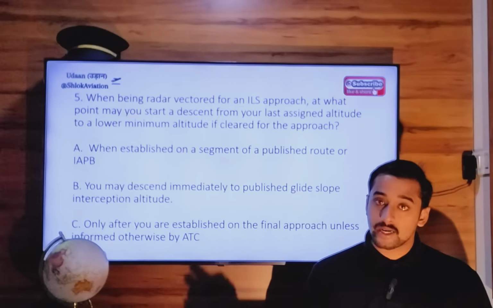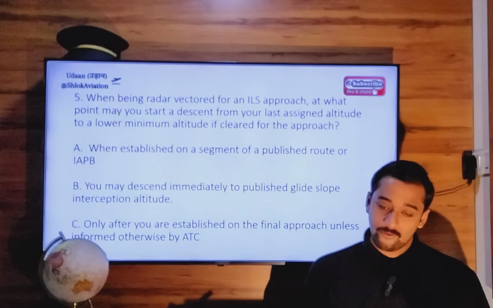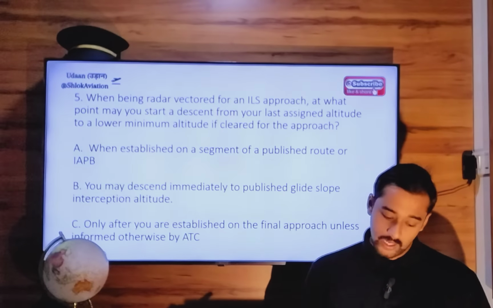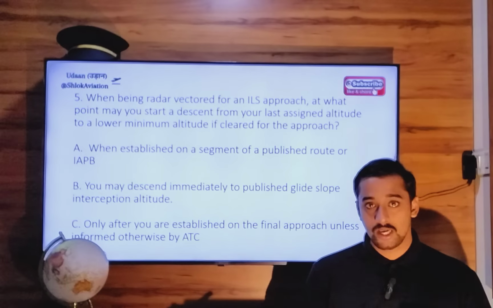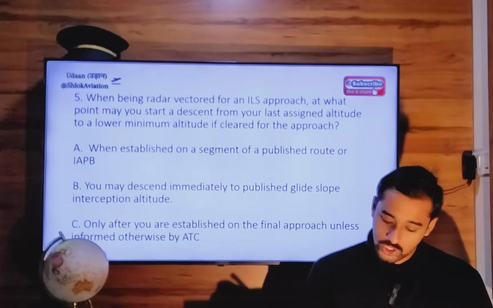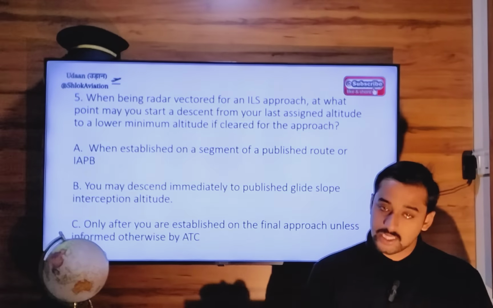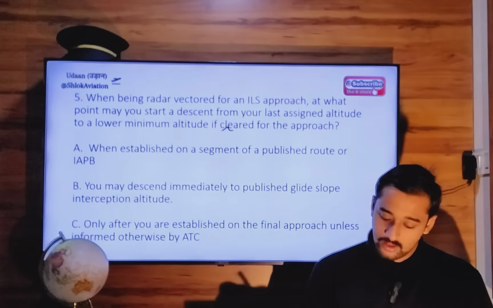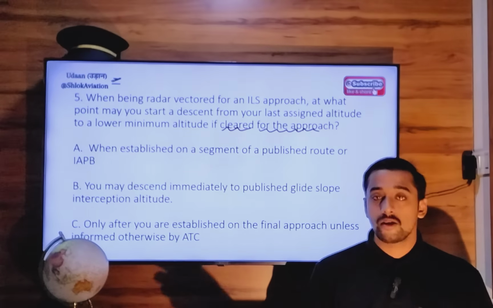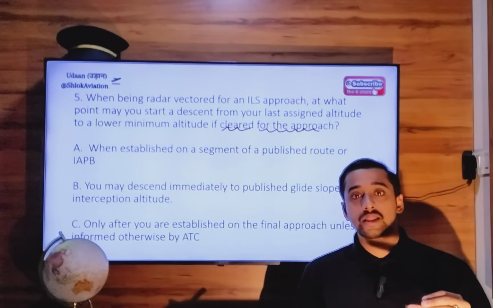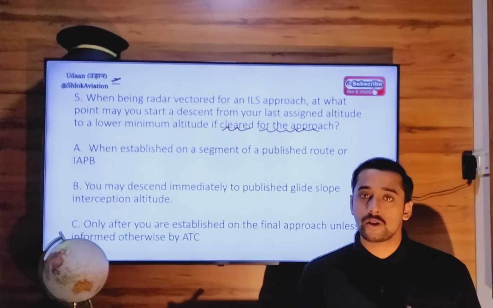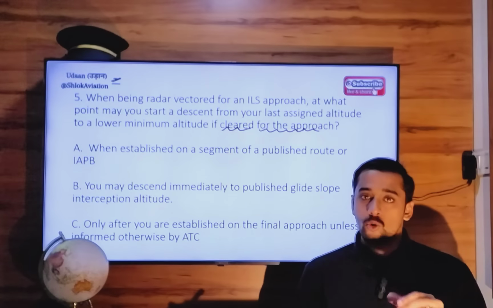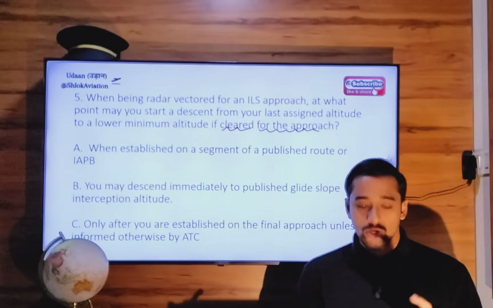When being radar vector for an ILS approach, at what point may you start a descent from your last assigned altitude to a lower minimum altitude if cleared for the approach? Now, whenever you are cleared for the approach, you may start your descent. You may start your descent when you are aligned with the approach course, or you are in that area, or you are more or less aligned with the approach course.